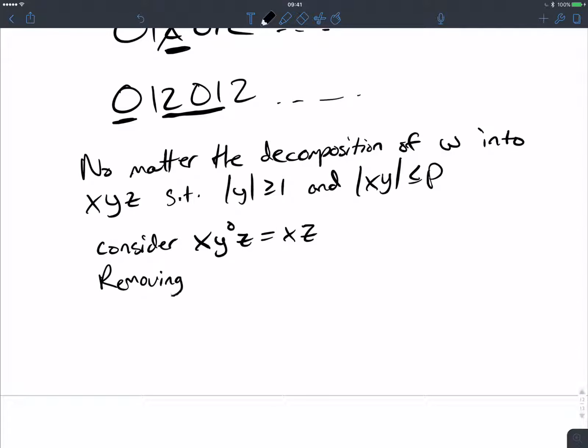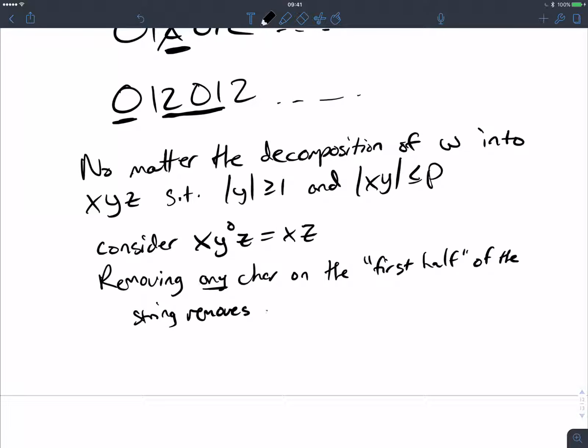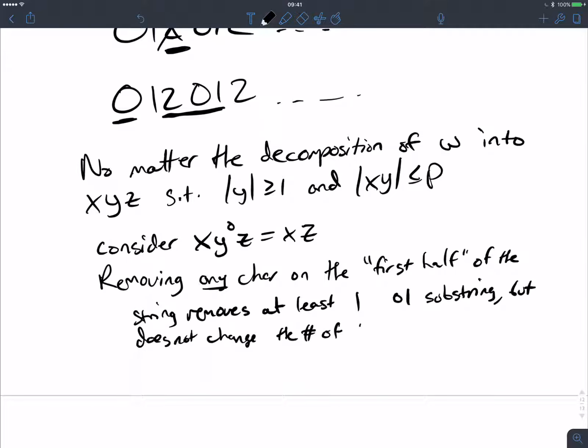Removing any character in, so I'll be informal, the first half of the string removes at least one 0,1 substring, but does not change the number of 1,0 substrings.